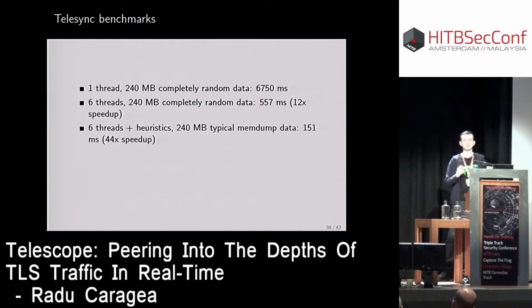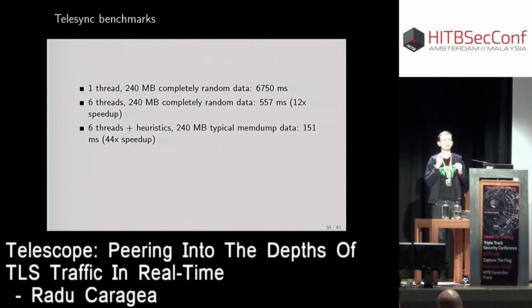Another thing is that when you do a micro memory dump, or any memory dump, it's not completely random data. It has structured, low entropy data. It has lots of paddings, lots of text. The keys from the key material have some good statistical properties.